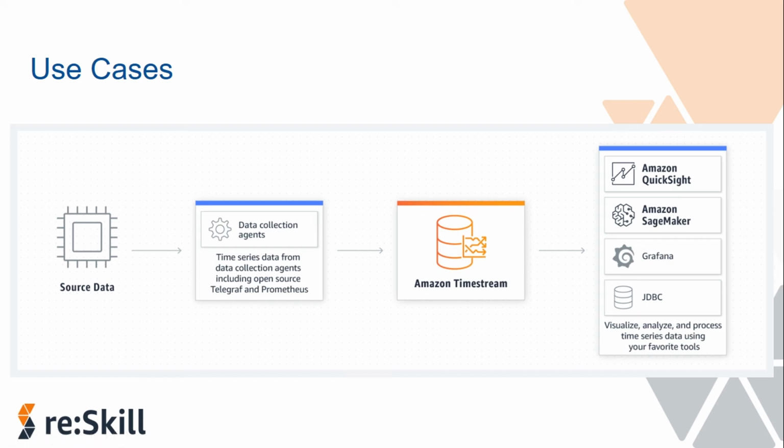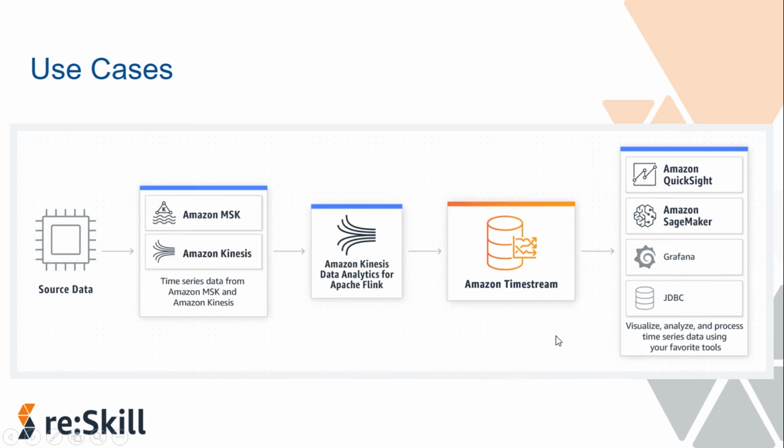And what can be the example? Like the other examples we were seeing, the CPU utilization. You can collect and analyze those kinds of operational metrics, monitor the health, and optimize the instance usage based on that. Another one is clickstream data.